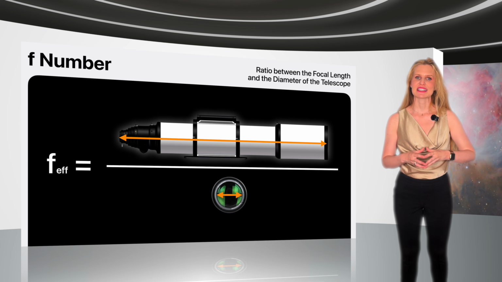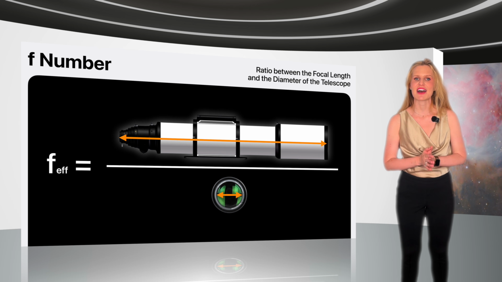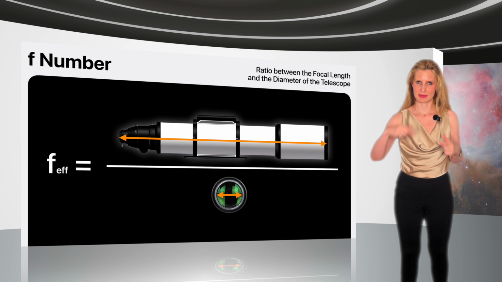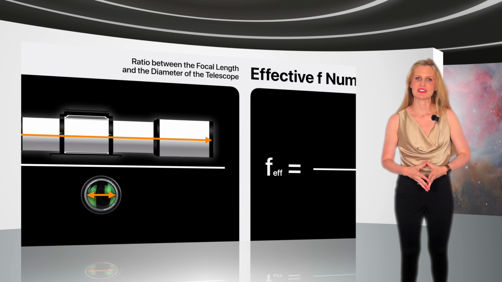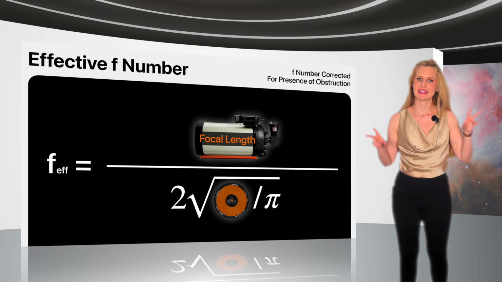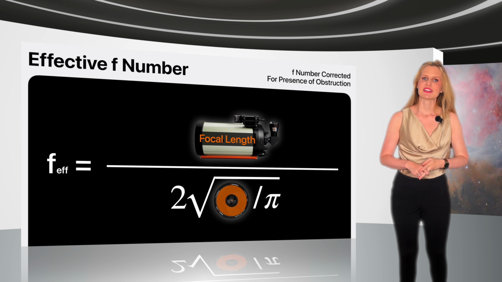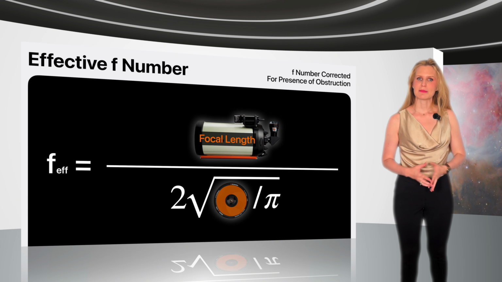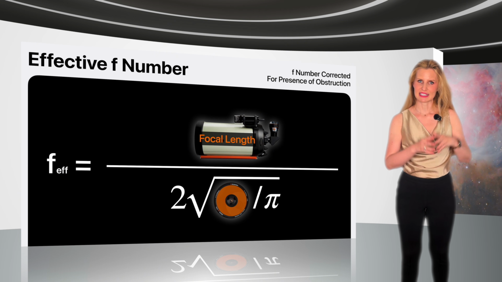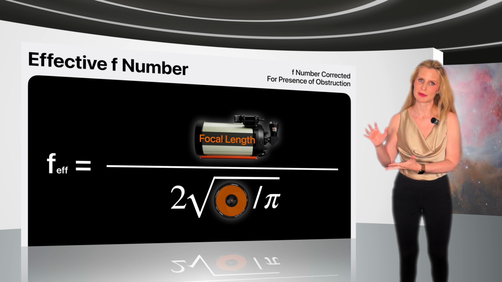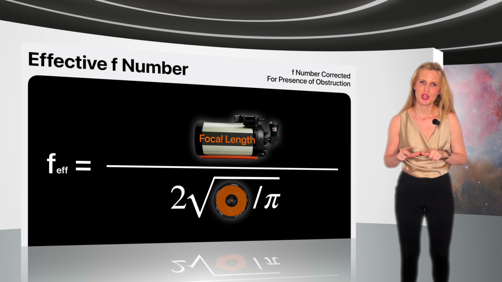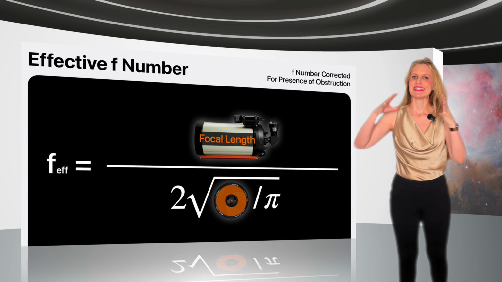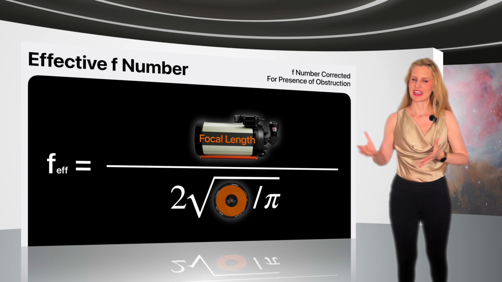Many telescopes, like Newtonians and other reflectors, have a central obstruction. That means there's an area in the middle of the aperture that doesn't collect any light. To account for this, I'm introducing something I call the effective f-number. It's calculated almost the same way, but instead of dividing the focal length by the physical aperture, we divide it by the diameter of a circle whose area equals the actual light gathering area of the telescope.